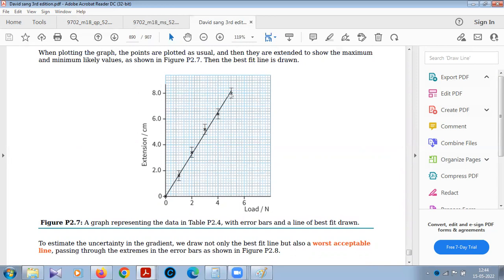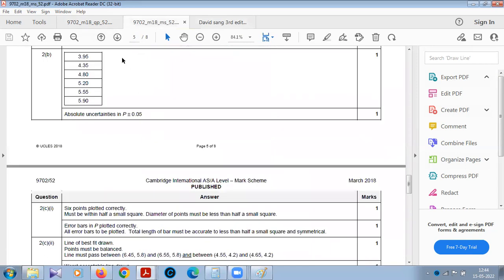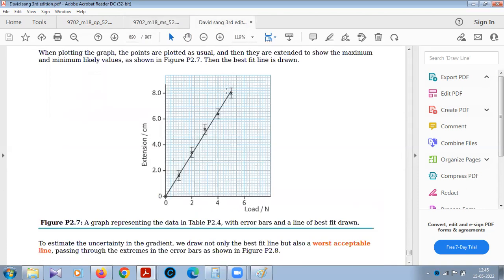And then I will subtract. It's about 2.5 squares, I think. For this case, it will be 3.95 plus 0.05 and 3.95 minus 0.05. So like that you will plot. These are the error bars you have to draw. For that you have 1 mark.